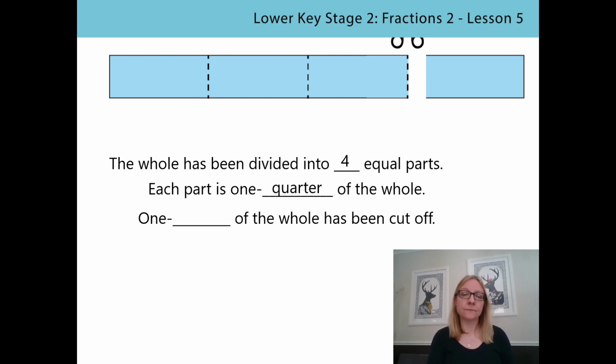Your turn. If you said 1/4 again, well done. 1/4 of the whole has been cut off. Let's say those 3 sentences together. The whole has been divided into 4 equal parts. Each part is 1/4 of the whole. 1/4 of the whole has been cut off.